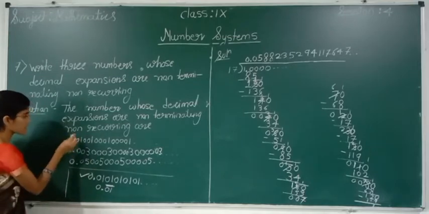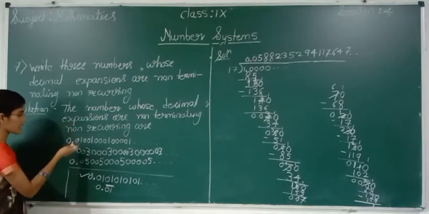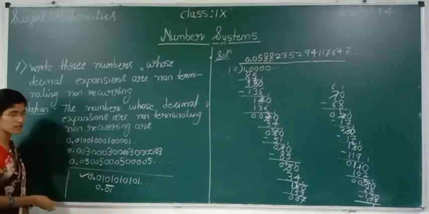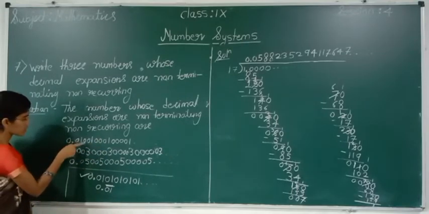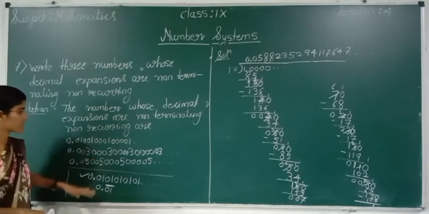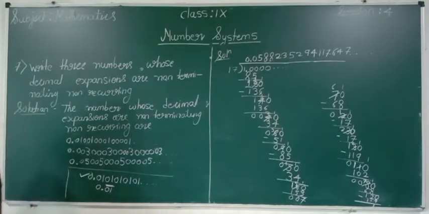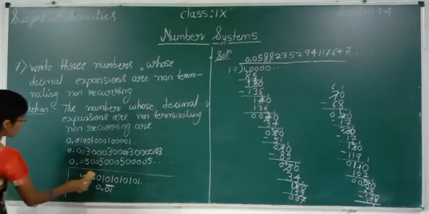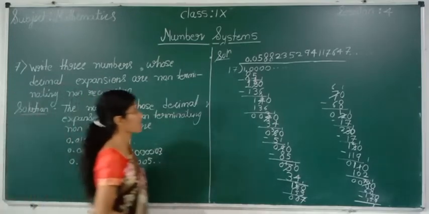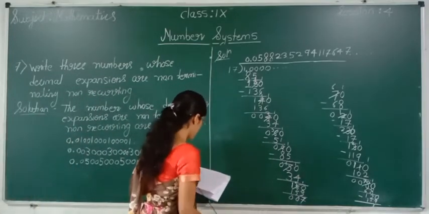But non-terminating, non-recurring means this is an irrational number. Here it is not repeating. See here 0.01001000100001, it's not repeating. These are examples for non-terminating, non-recurring. You can give an infinite number of examples for this. Okay, we'll go to the next question.